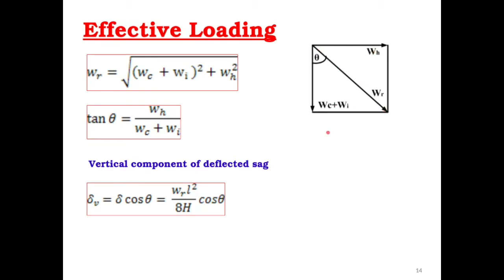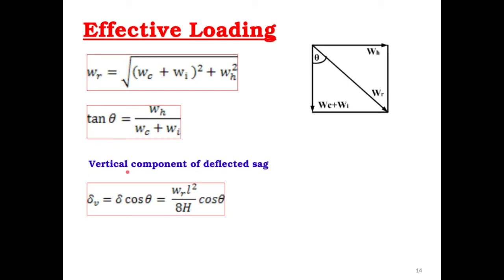You know the formula from your mathematics, applied mechanics, everywhere. This is the resultant weight. WR, R is for resultant, so WR is the resultant weight, and we can use that WR in that formula that we had earlier, WL squared over 8H.